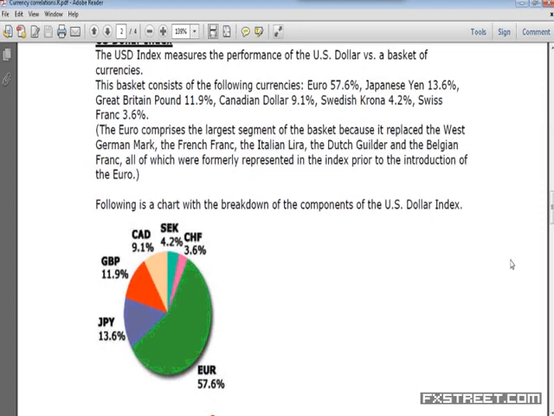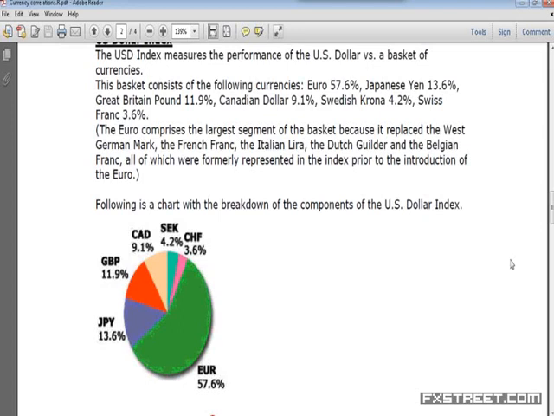Now, a lot of professional traders, instead of looking at the USD CHF to confirm a trade or a move on the EUR USD, look at the USD index, because the USD index is followed a lot in the currency futures market or in most of the futures markets, as well as having a very strong correlation to the US equity markets, because it measures the performance of the US dollar versus the different currencies.